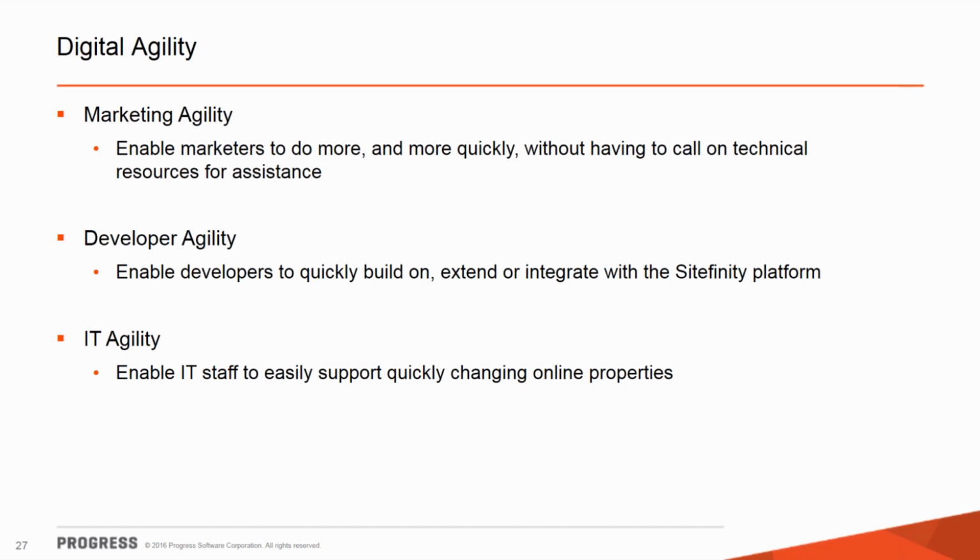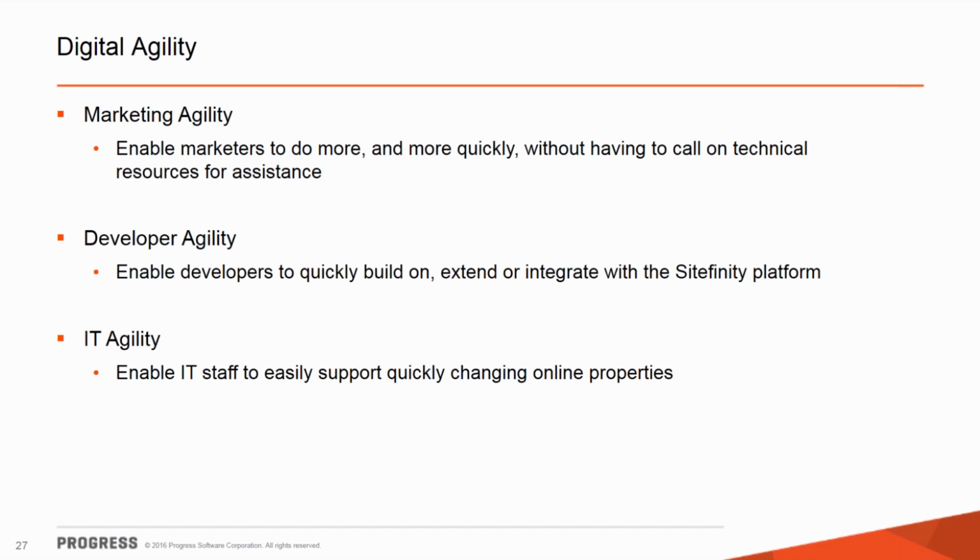So when it comes to those three different audiences, for marketing agility, we want marketers to be able to do more things more quickly without having to call on technical resources. Because when you think about it, you've got all the things that a marketer needs to get done. The question is, how many can they do until they have to call on a technical resource to get the job done? Because the minute they do, they're going to be in the queue of that technical resource.